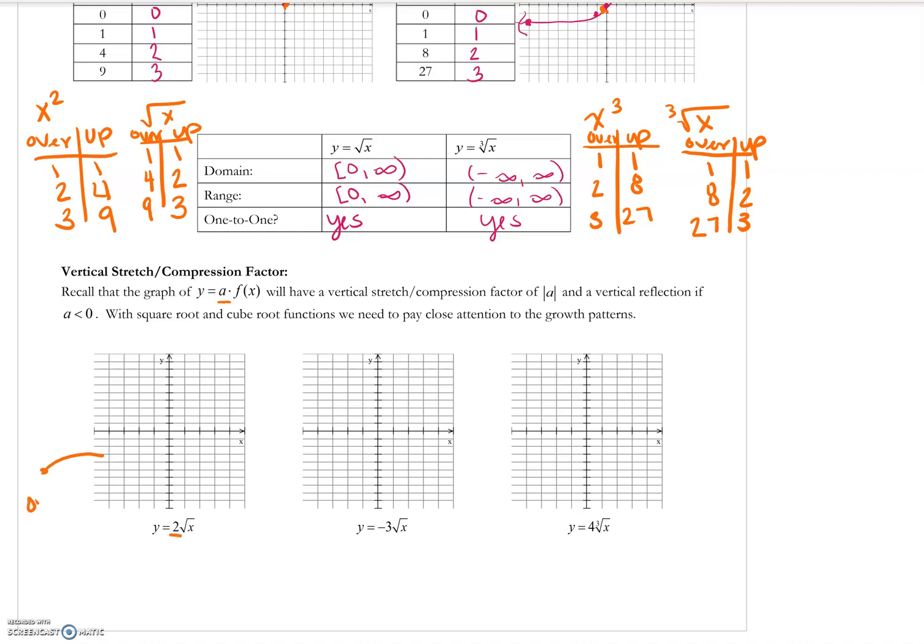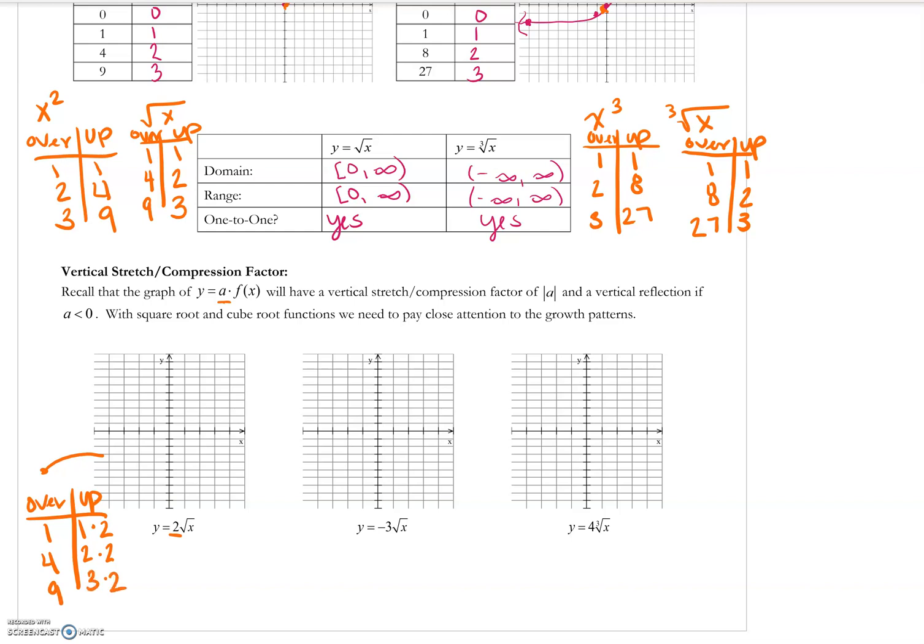So if I think about my overs and my ups, I can still go over 1, but this time I'm going to go up 1 times 2. And I can still go over 4 spaces, but this time I'm going to go up 2 times 2. And lastly, I can still go over 9 spaces, but this time I'm going to go up 3 times 2.